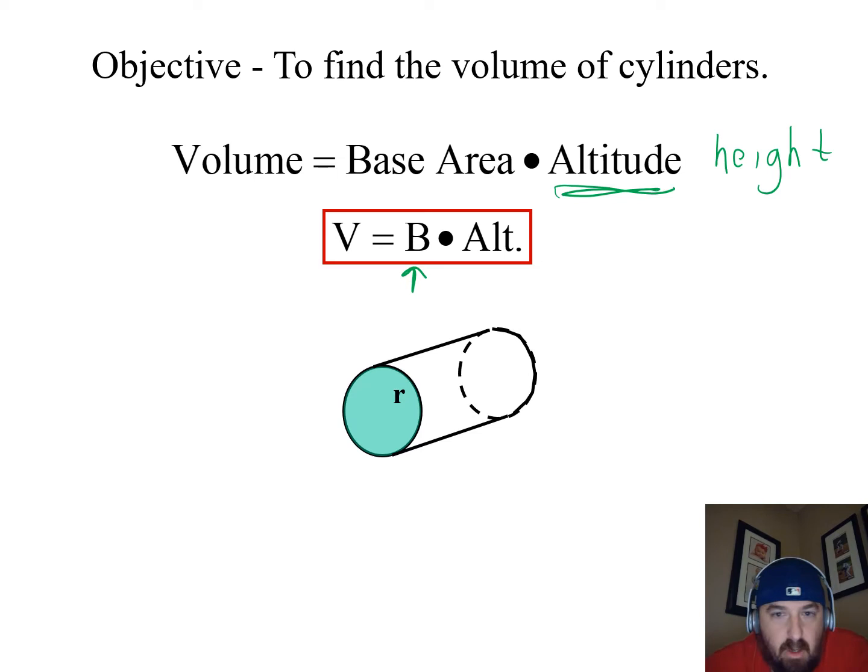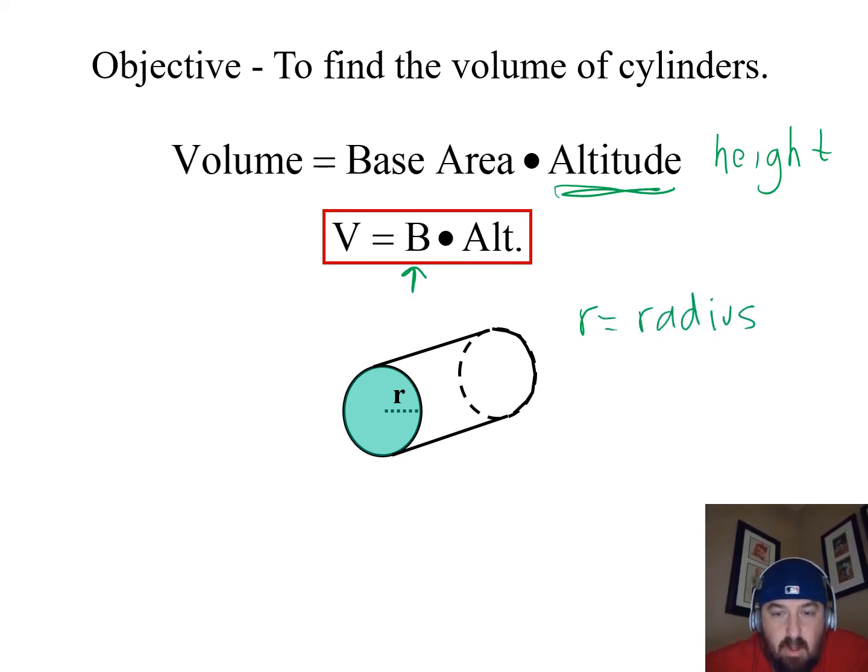All right, so here's your cylinder, your basic can, if you will. Think of like a can of soup or a can of soda or whatever it is. And remember, you have your 2 circles for your bases, and remember that circles have certain measurements. This one from the center to the outside is called the radius, and that's the little lowercase r there.